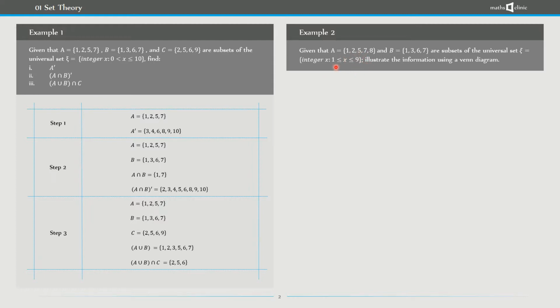So we have 1, 2, 3, 4, 5, 6, 7, 8, 9. And we've been asked to illustrate this information using a Venn diagram, so let's go ahead and do that.